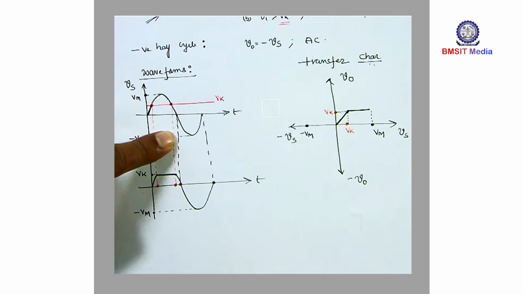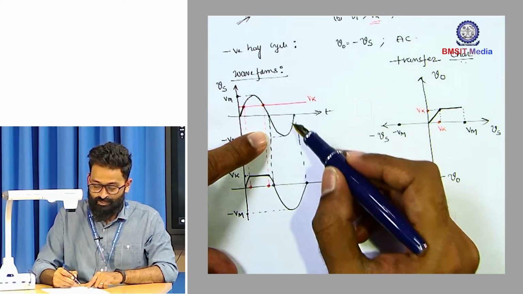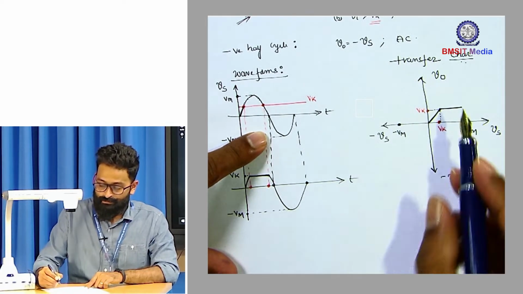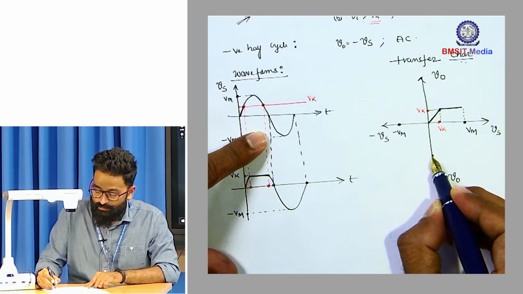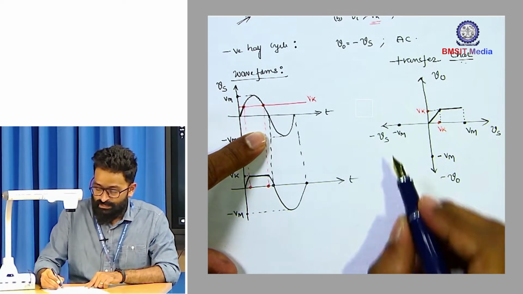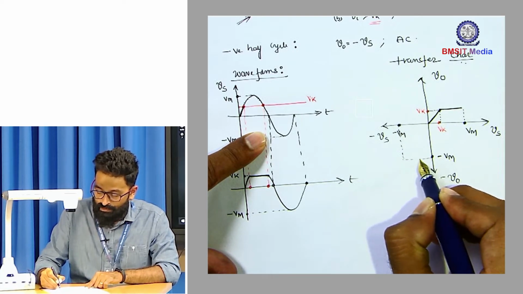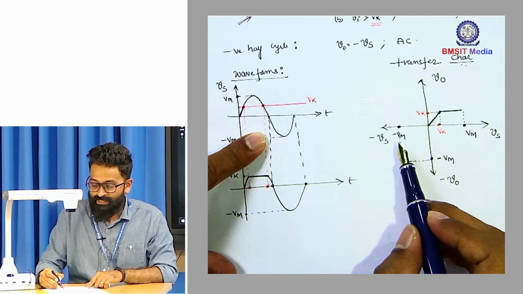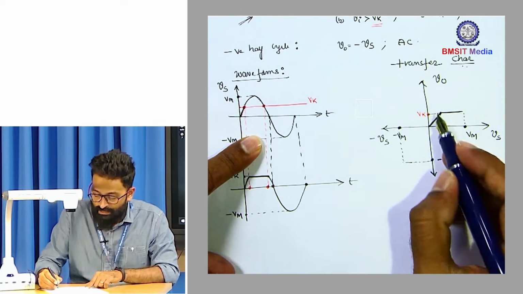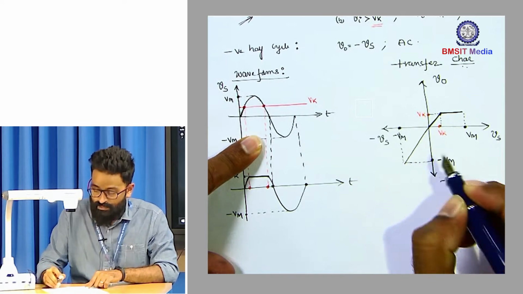And for the negative half cycle, you don't have to worry, because for the negative half cycle of the input, output is equal to negative half cycle of the input, right? So you mark minus Vm along negative y-axis and make a small cube by taking minus Vm along x-axis and minus Vm along y-axis, and draw a straight line.